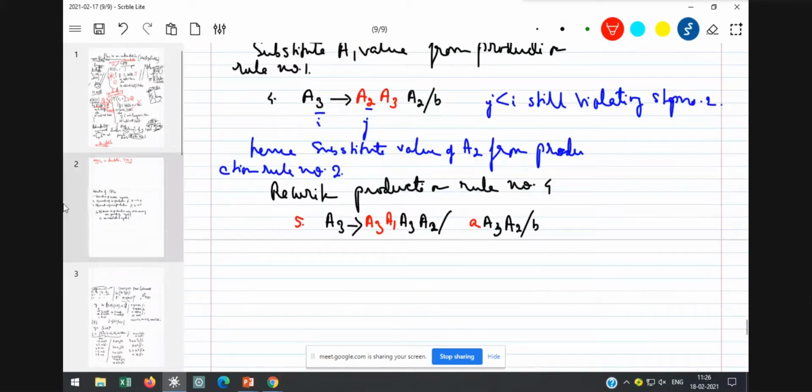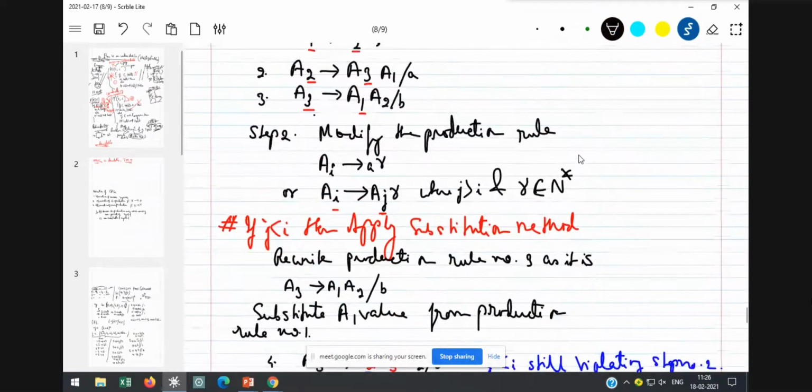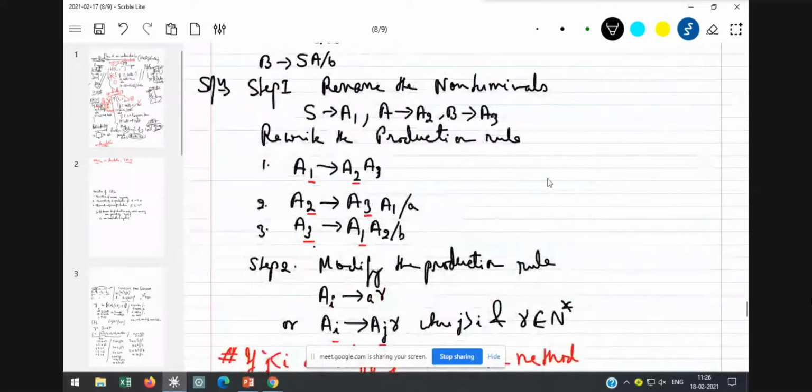Now again, after applying production rules, still we need to check whether any of the production rules are still violating this step number 2.